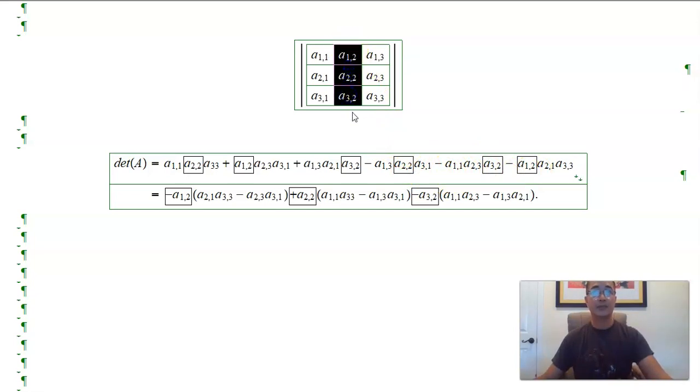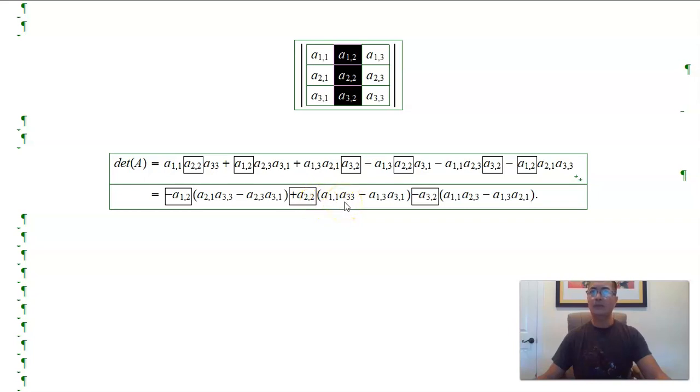Those are the terms from column 2. Okay, so who goes with A22? There's the other A22. So I put that over here, and I have A11, A33 minus A13, A31.